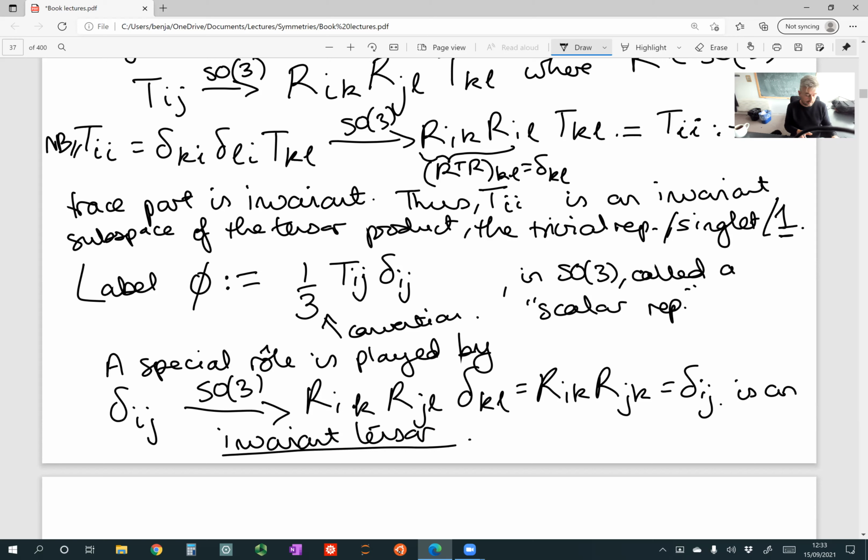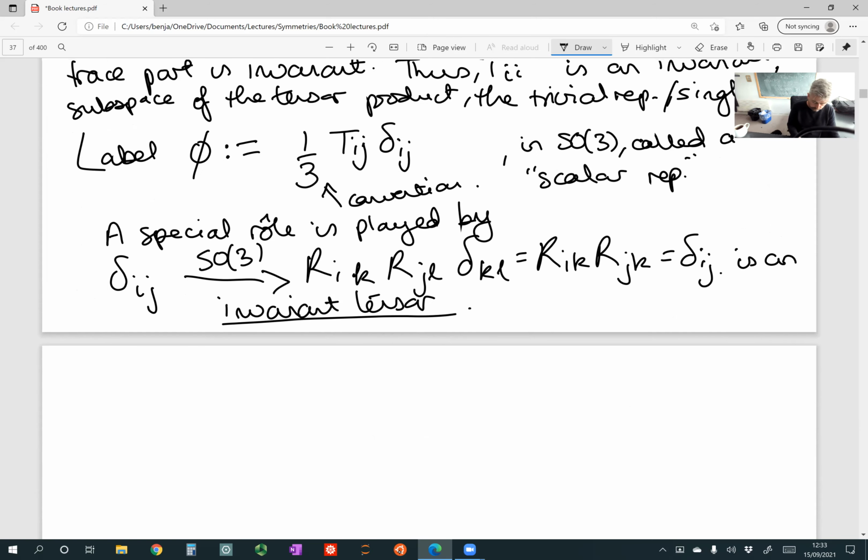There is another basic invariant tensor in SO(3).